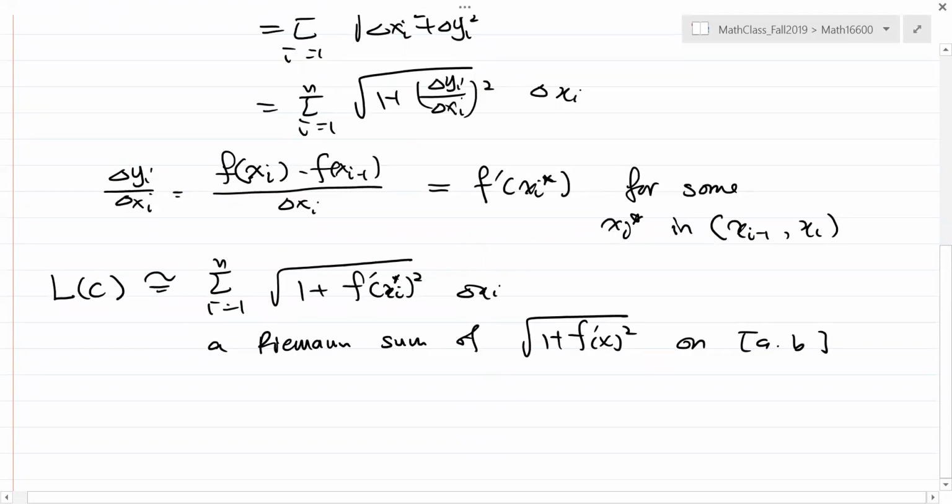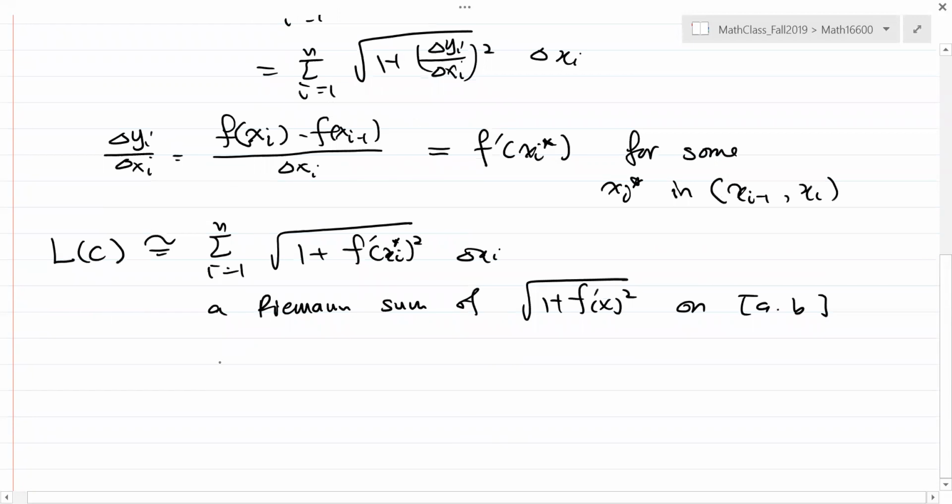So if you take the limit, letting the size of the subintervals approach 0, then the limit of the Riemann sums is going to be the integral from a to b of the square root of 1 plus f prime x squared dx.